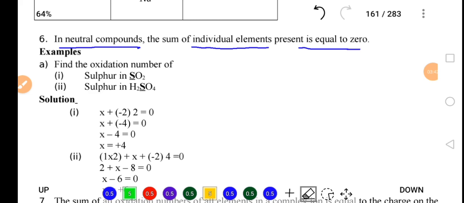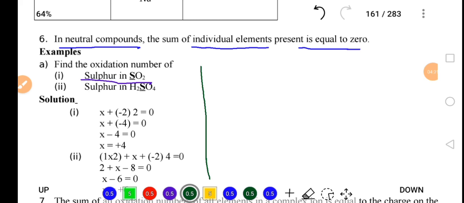For example, it's good there are even examples here. Find the oxidation number of sulfur in sulfur dioxide. Okay. Sulfur in sulfur dioxide. You have these examples in your book, but what I want is just to give you the good understanding.